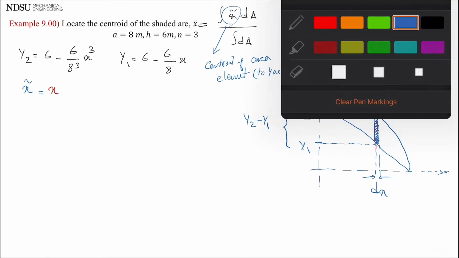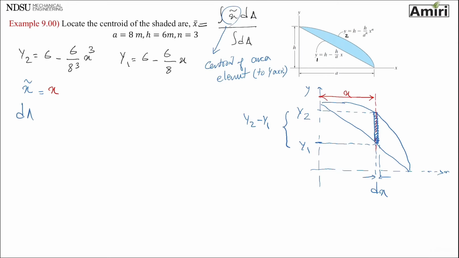My dA is going to be interesting. dA is dx times y2 minus y1. And I have the function for both of those. So it's basically going to be dx times 6 minus 6 over 8 cubed x^3 minus 6 plus 6 over 8 x.